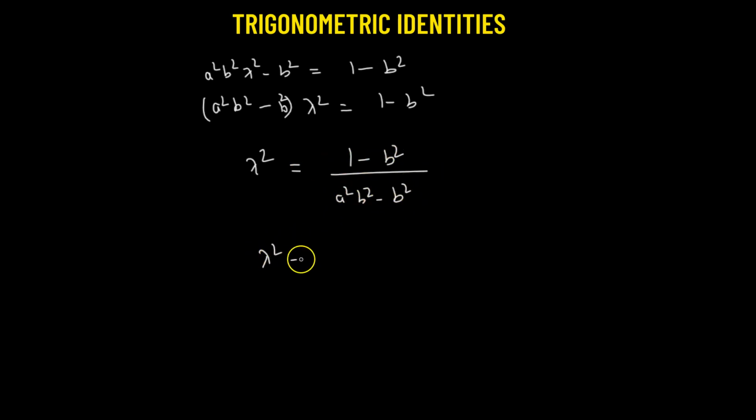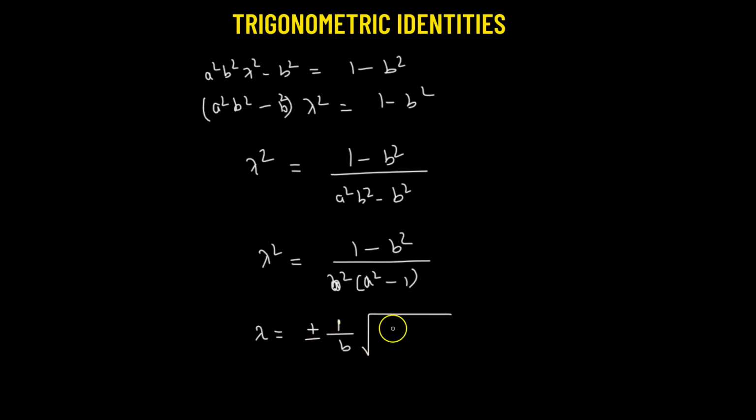We can take b squared as the common factor, so b squared will be multiplied by a squared minus 1. Taking the square root on both sides, we can obtain the value of lambda. So lambda will be plus or minus 1 over b multiplied by the square root of 1 minus b squared divided by a squared minus 1.